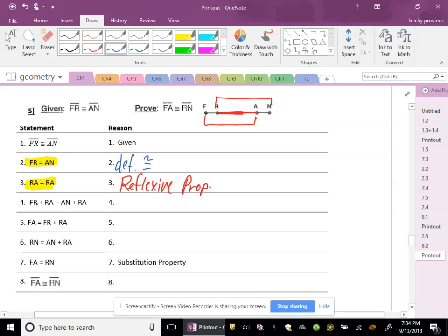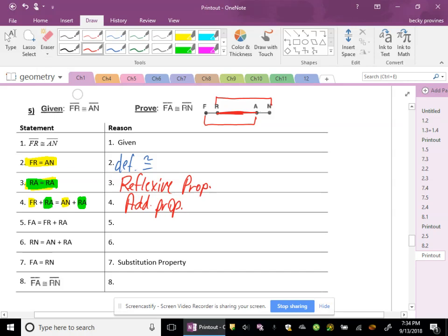But now I'm saying F, R, and AN, I'm going to add the same thing to both sides, but now it's RA because RAs are equal to RA. So if I'm adding the exact same thing to both sides, then this is just the addition property.